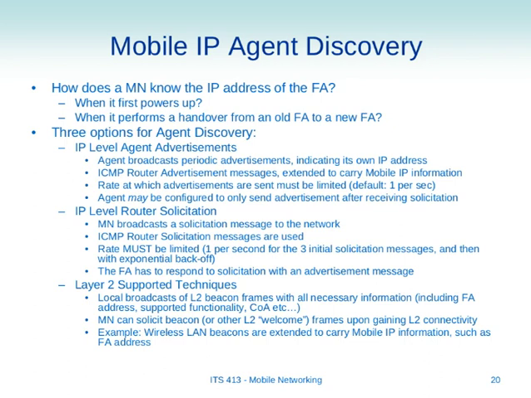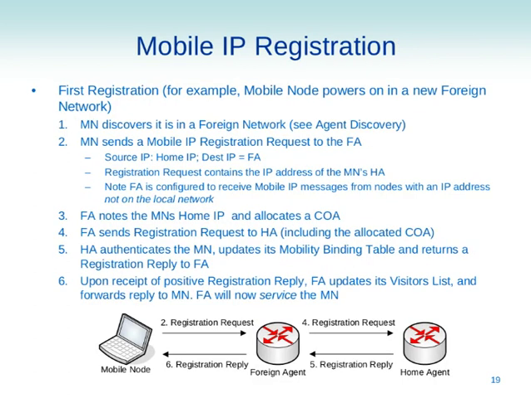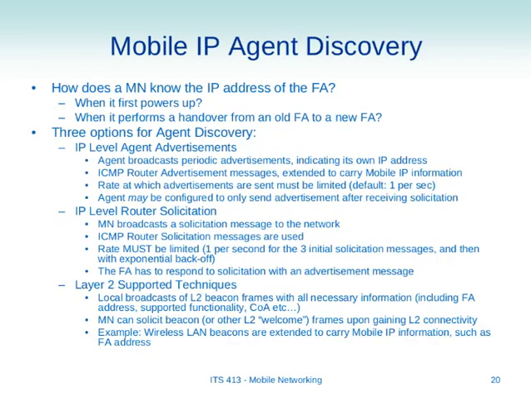So, mobile IP registration happens when we visit a foreign network. Register with our home agent via the foreign agent. But when we visit a foreign network, we need to know who is the foreign agent. We need to discover the foreign agent before this happens. How does mobile IP agent discovery work?